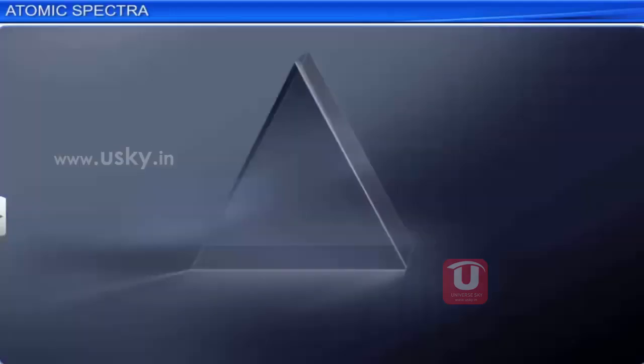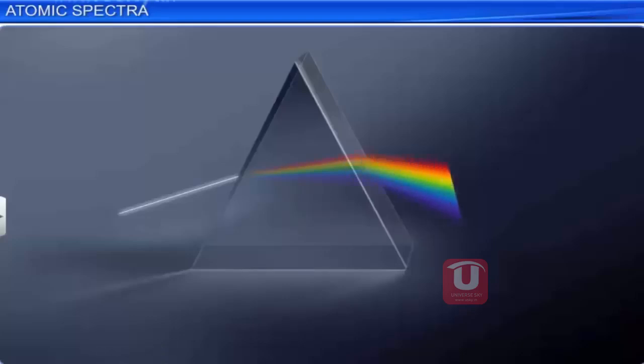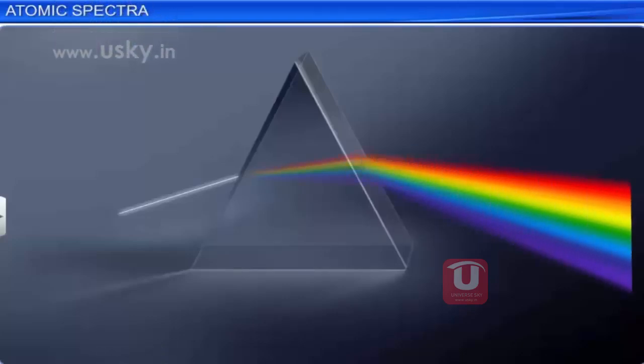When this white light is passed through a prism, we obtain a continuous spectrum consisting of all the wavelengths in the spectrum. This spectrum appears as bright lines where one color gradually merges into the other, without a clear demarcation between the adjacent colors.